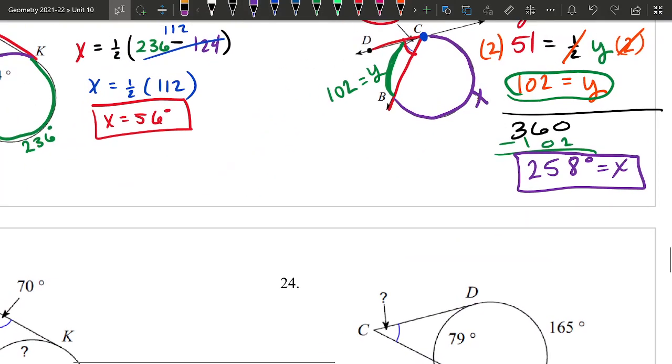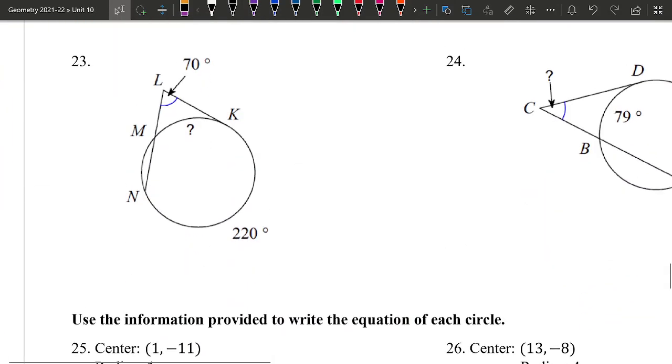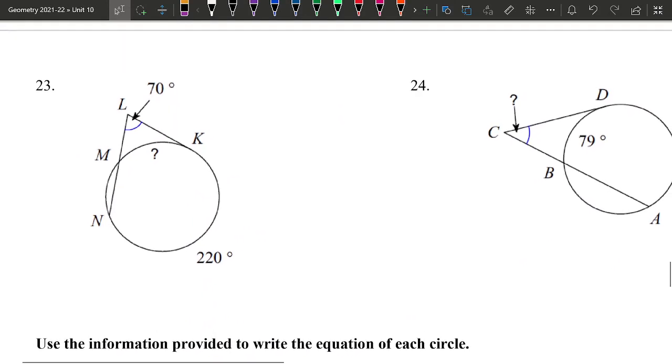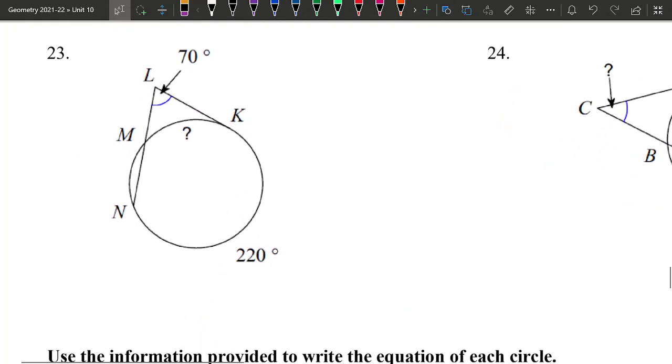Okay, so looking at number 23. This time we have a tangent and a secant that make up an angle. So the secant slices off part of the circle, so I'm not going to be subtracting an arc from 360 because I'm not using the entire circle. I've just eliminated this section.